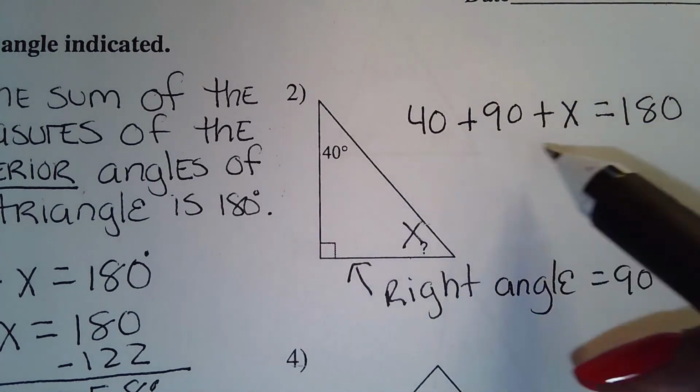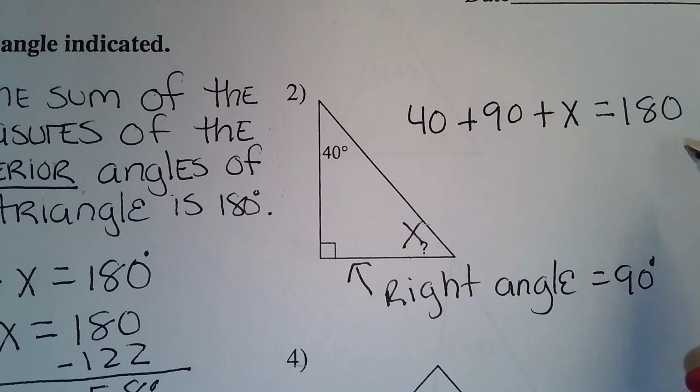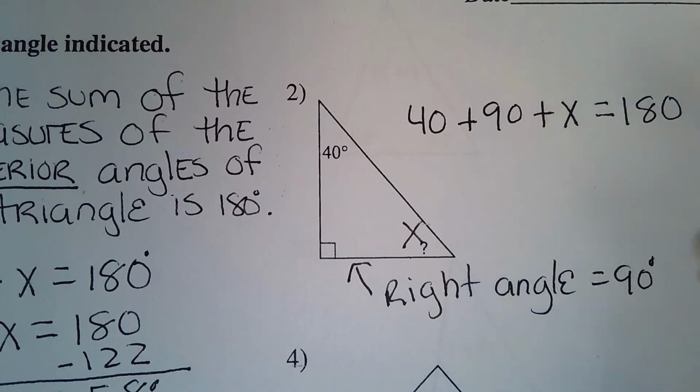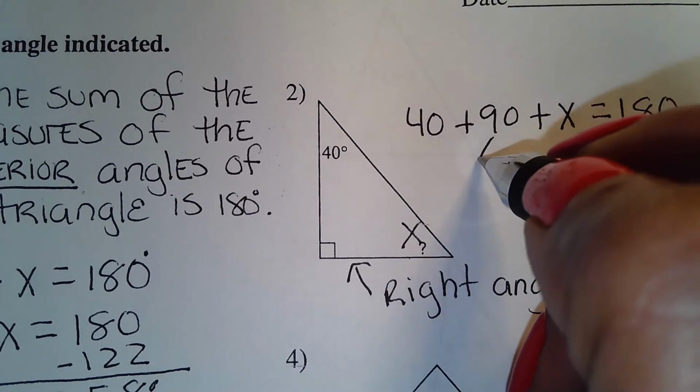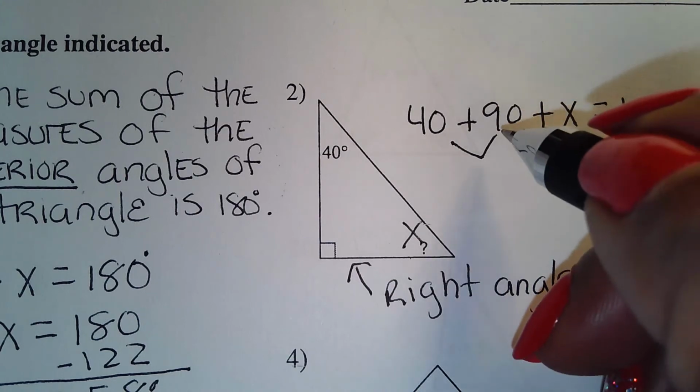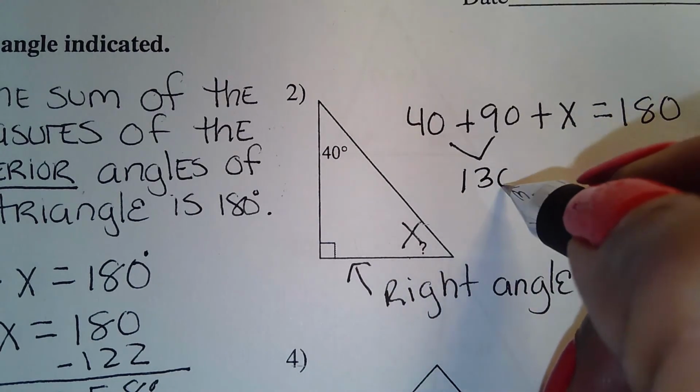Again, as you can see now, you set up an equation and you can combine your like terms and solve for X. 90 plus 40 are my like terms, and 90 plus 40 simplifies to 130.